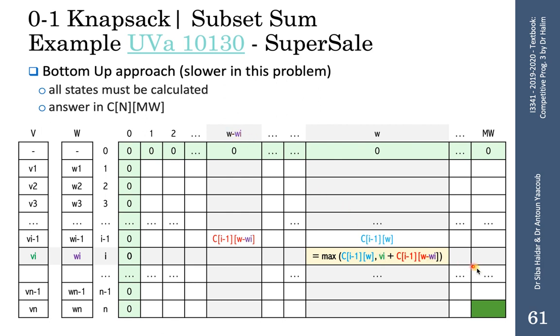So in this case, of course, the next W will be greater or equal to WI. And I will have to repeat the same thing, and then for sure my values are increasing in diagonal. So the final answer, again I say, is in the matrix C[n][mw].